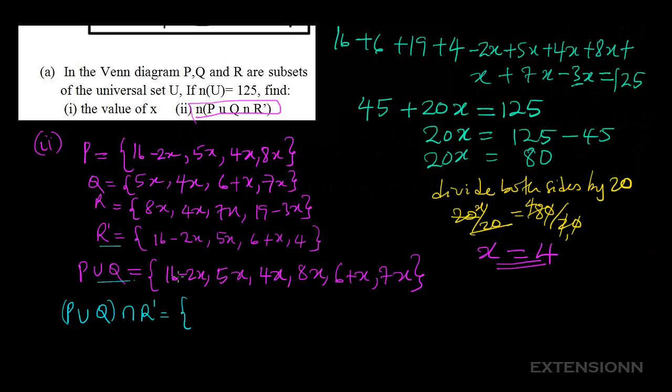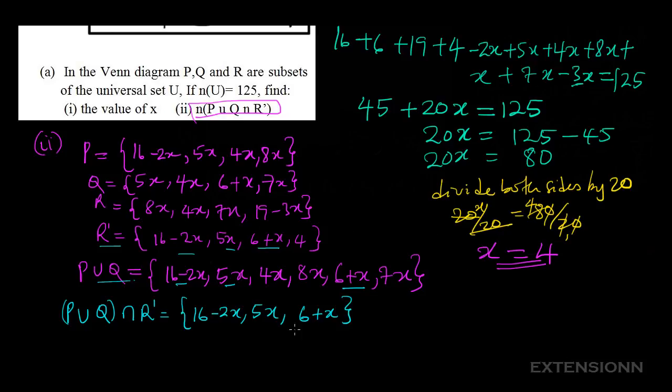That's what intersection means. Find the common elements between P union Q and R prime. Just write out the common elements. That's the meaning of intersection. So you have this and this, which is 16 minus 2x, 5x and 5x. Okay, then here we'll have 6 plus x and 6 plus x. And we're good to go.